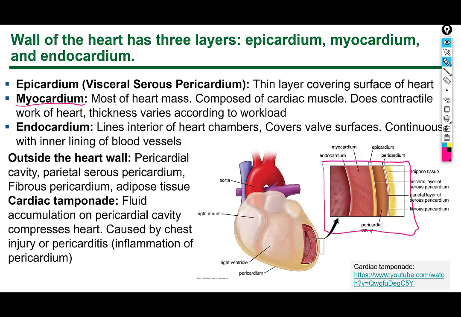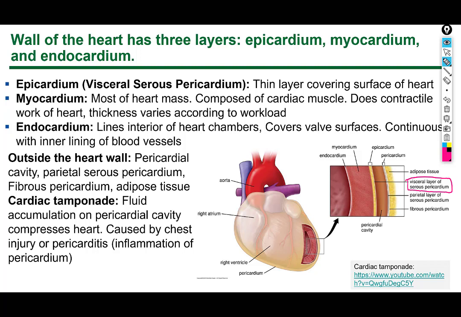On the outer surface, so just right here, I'm going to get rid of this stuff. There we go. We've got the visceral layer of the serous pericardium. A serous membrane is a thin membrane. It's typically a single layer of squamous epithelial cells atop some loose connective tissue of some kind.